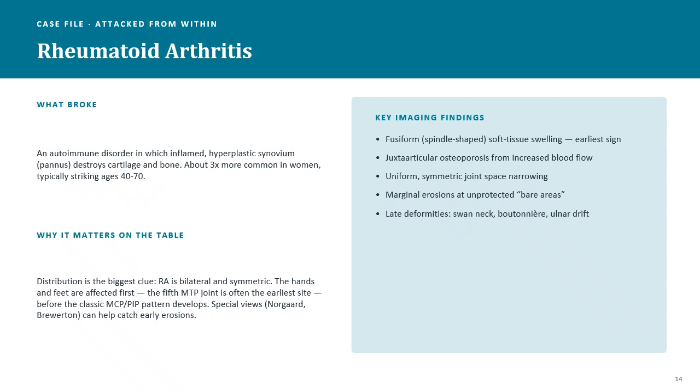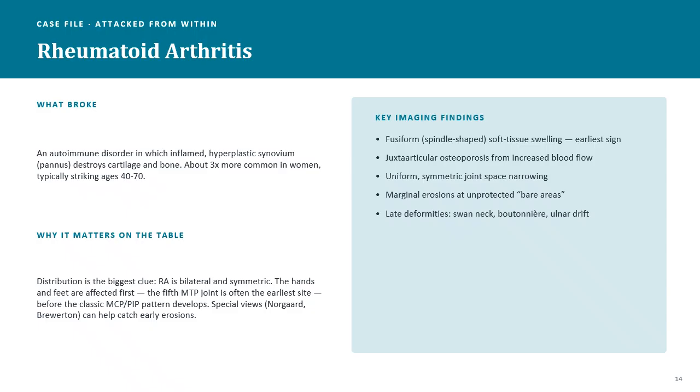On a hand exam for these patients, pay close attention to the MCP and the proximal IP joints. The distal IP joints are usually less characteristic for rheumatoid arthritis.